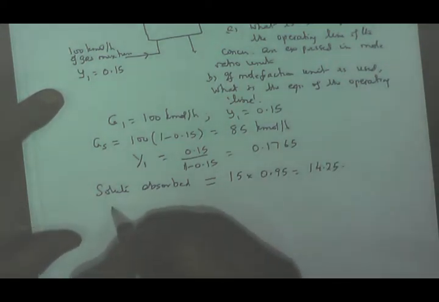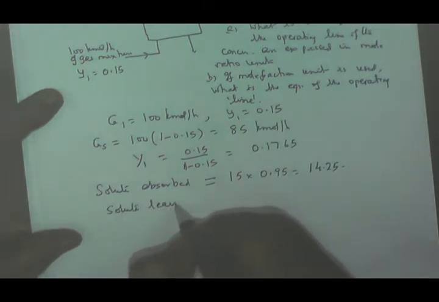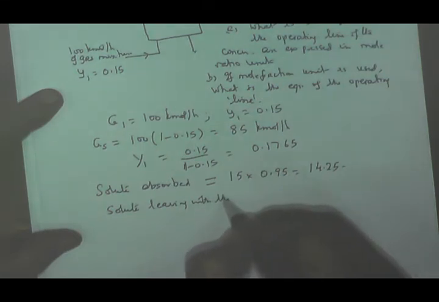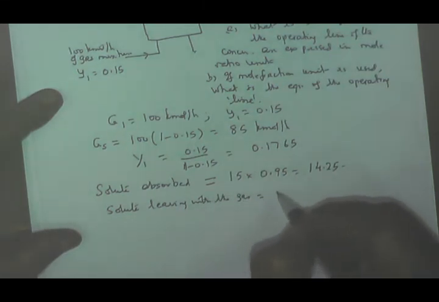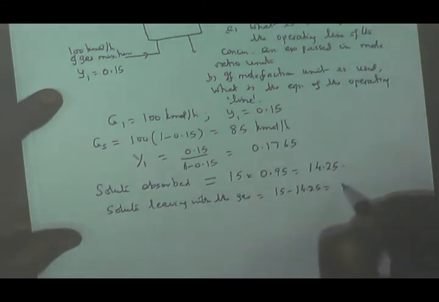So the solute leaving with the gas is how much? That's simply 15 minus 14.25, which is 0.75. The rest is going out with the solvent.